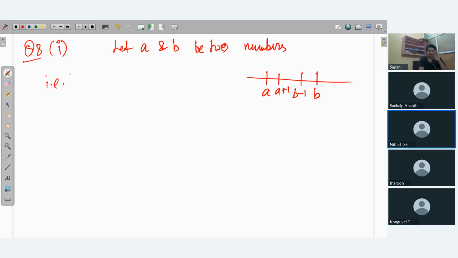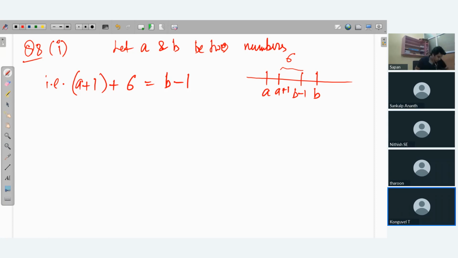No, the predecessor exceeds by 6. That means B minus 1 is equal to A plus 1 plus 6. Right now? B minus 1 is equal to A plus 1 plus 6. Yes, sir.